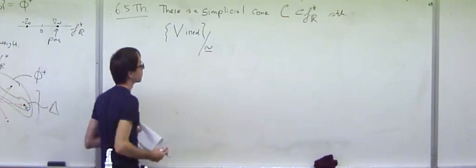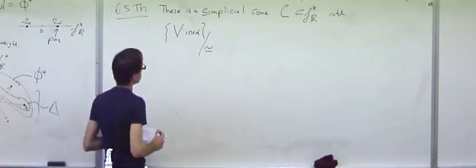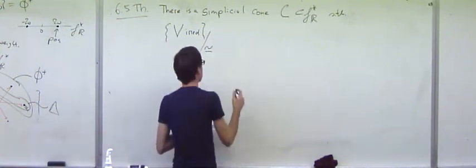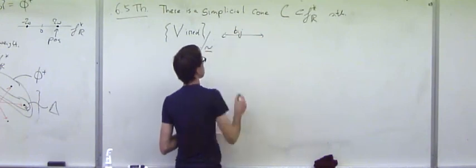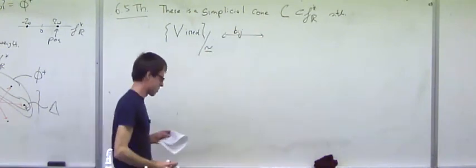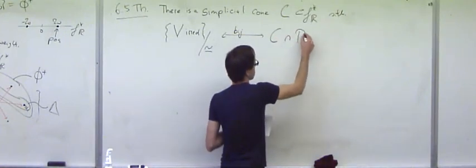So two representations are considered equal if they just differ by a base change. And this is in bijective correspondence with the set of integral points in this cone.